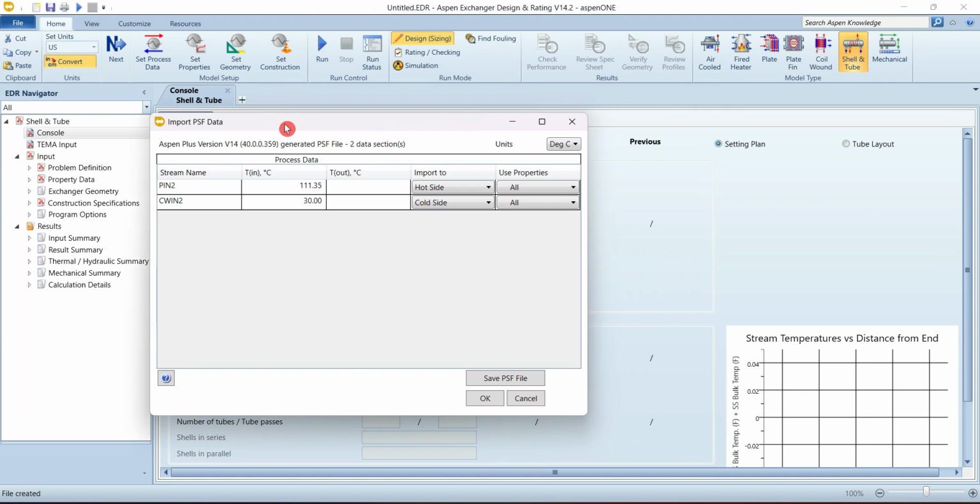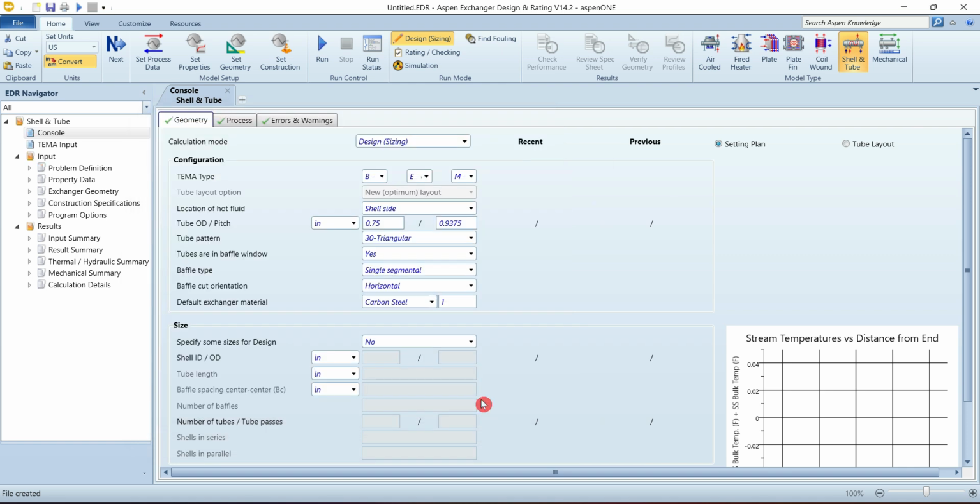In fact, we are going to import the process information: the inlet temperature, and the outlet is not shown over here. CW in. Let's import the information. If you have noticed, previously there were some crosses at a couple of tabs, now they have gone.